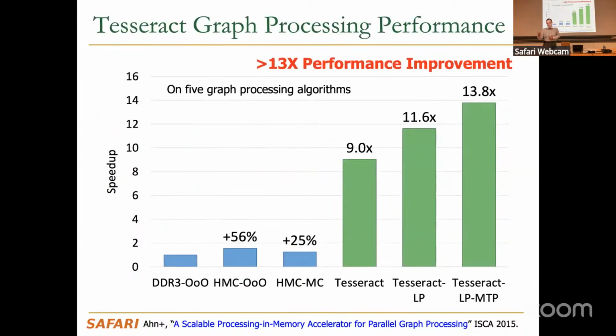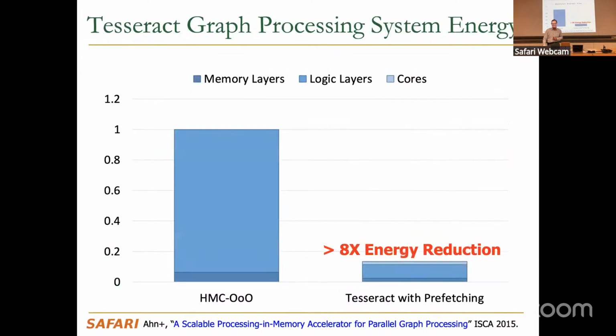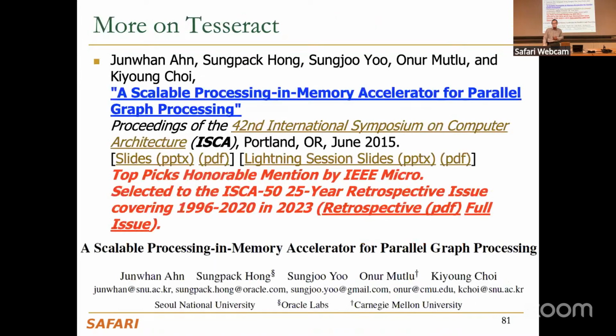You get significant benefits in terms of performance and energy on many real workloads that we examined. I'm not going to go through this. There are a lot of papers that built on this. They actually increased the benefits. They fixed some of the problems that we couldn't solve for some reason or other. They optimized for graph processing. And in the end, they showed that you could go up to 100x performance improvement and 100x energy reduction, which is quite significant because you're improving performance and energy at the same time, right?